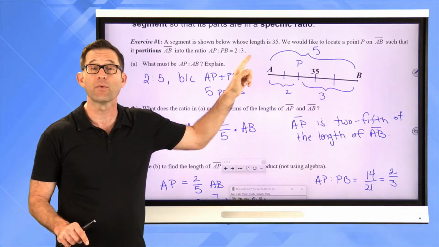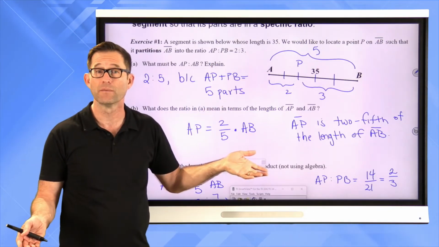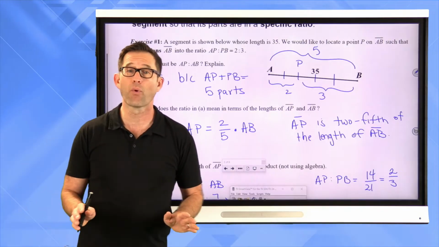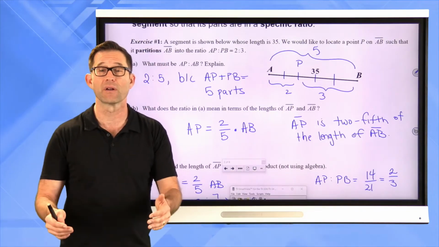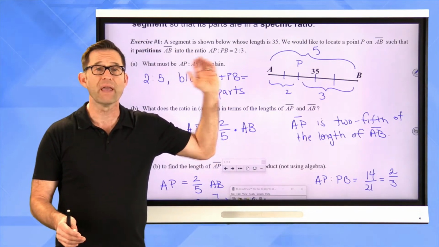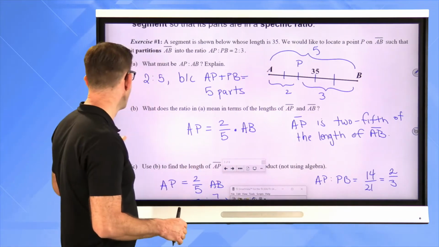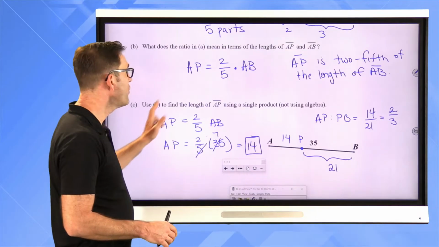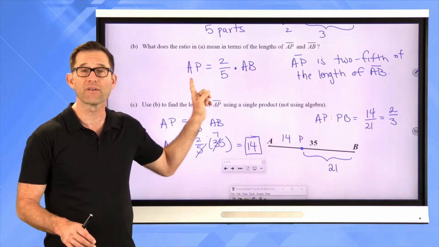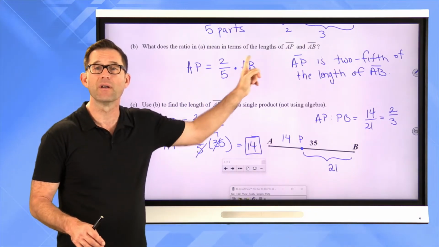PB would have to be equal to 3/5 of the whole, right? And that is really important before we go on to partition a line segment. This is basic ratio work, basic fraction work, just understanding what it means for a part to be a certain fraction of the whole.